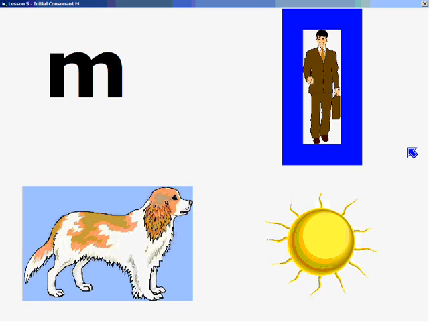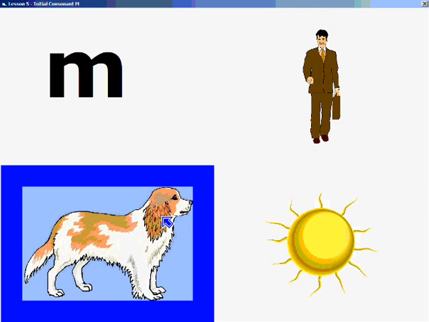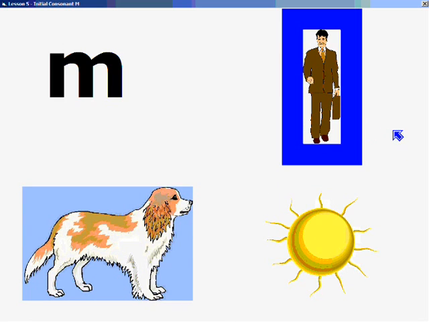Man, dog, sun. Say the picture names with me. Man, dog, sun. Which picture name begins with the same sound as mop? Use your mouse to click on the picture that begins as mop does. Oops. Try again. Say the picture names with me.